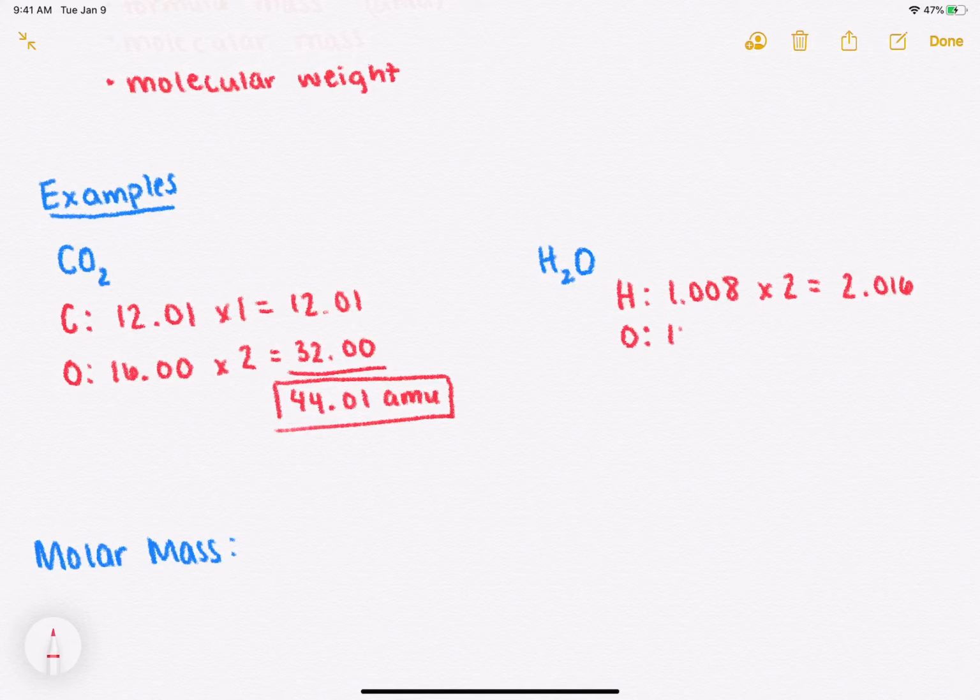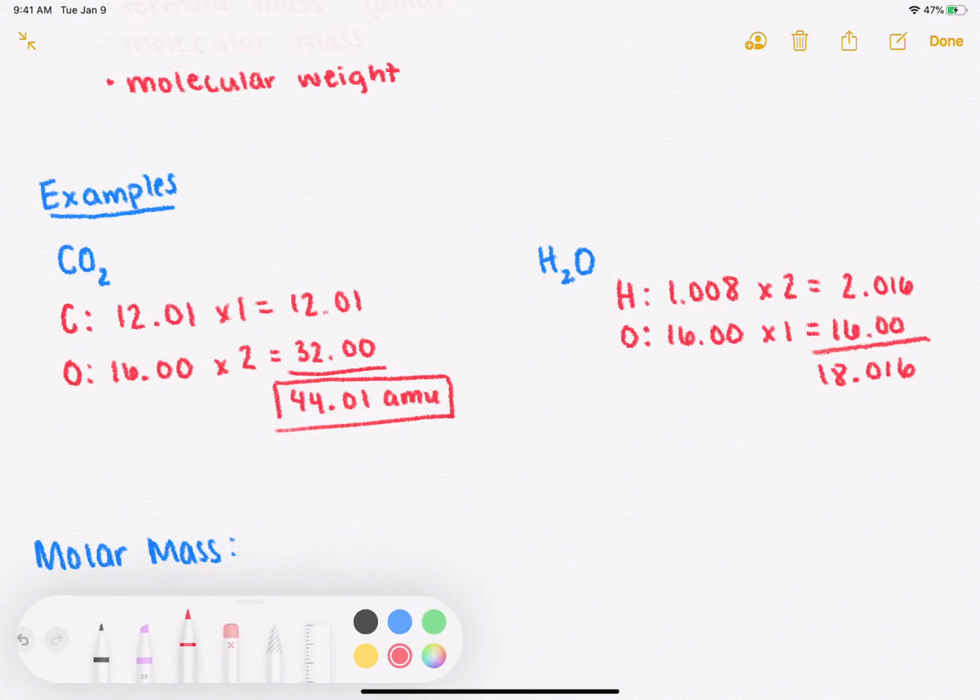And oxygen, as we've already looked up, is 16, and there is 1 oxygen in this molecule, so that is just 16.00. When we add those together, we get 18.016.